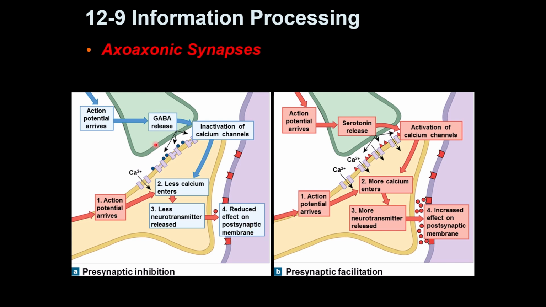Here you have a different neuron that will release GABA. GABA is inhibitory. Once GABA is released, the amount of calcium that enters the cell will decrease. If the amount of calcium decreases, there is less exocytosis of the neurotransmitter vesicles, less neurotransmitter is released in the synaptic cleft, and less of it is attached to these channels. So this cell will not be stimulated as much.